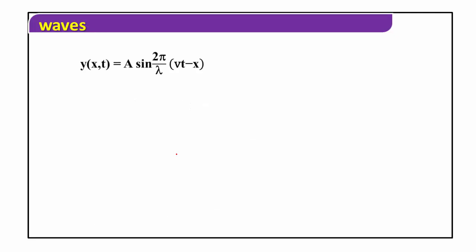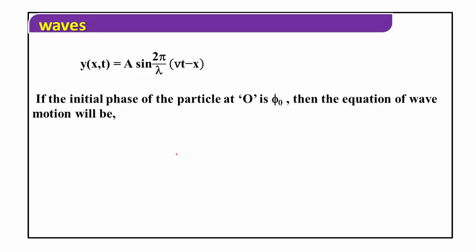This is about the displacement equation. If the initial phase of the particle at 0 is the phase angle phi naught, then the wave equation will be as follows; these are the different kinds of the wave equation. We modify the equation according to whichever term you need. But in general, the equation is y equal to a sin omega t minus kx plus phi naught along the positive x-axis, and along the negative x-axis, omega t plus kx plus phi naught.